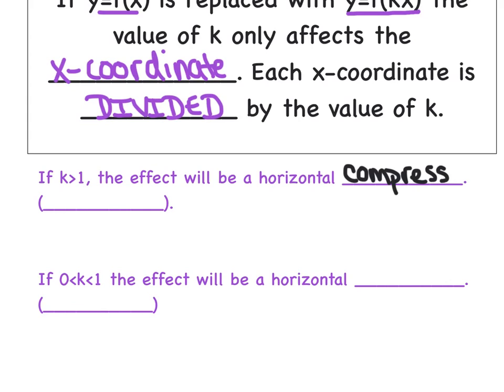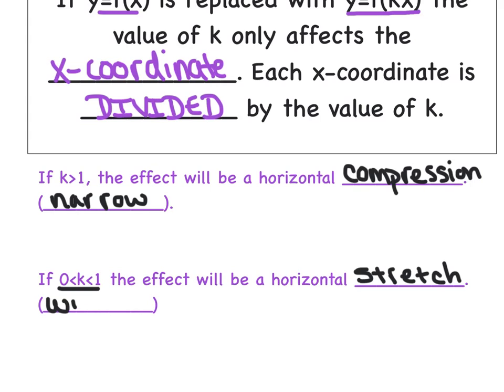And what I mean by compression is it made the graph more narrow. However, if k is somewhere between 0 and 1, maybe k is equal to 1/2 or 1/3 or 2/5 or something like that, the effect will be a horizontal stretch. And what we mean by a stretch in this case is it's going to be wider.